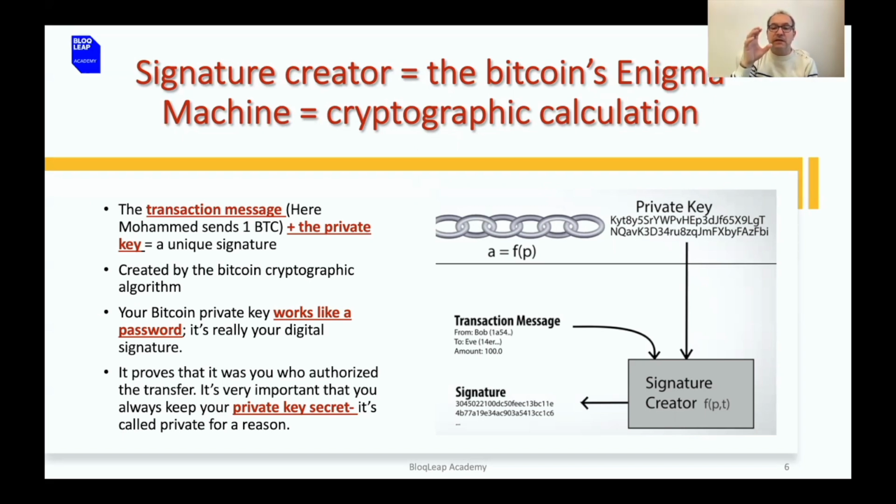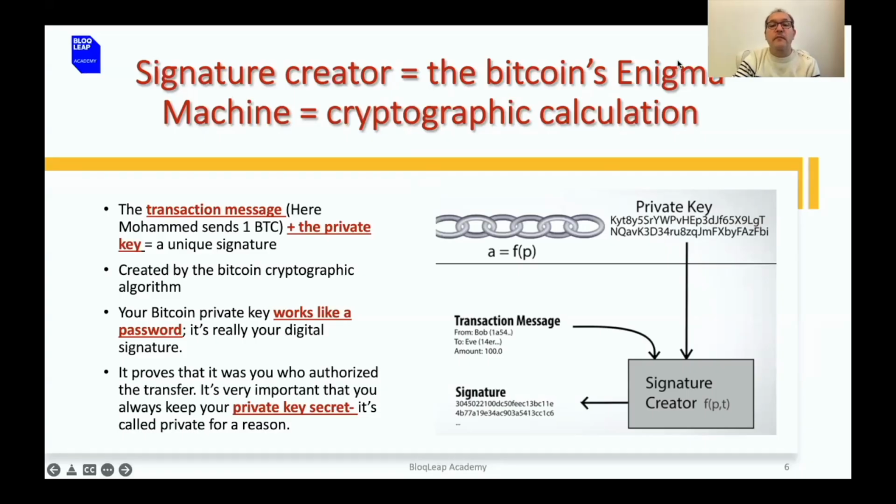It makes it impossible for a hacker to change the data inside. So really easy to remember. You get the transaction ID and the private key, you put that in the Enigma machine, the Enigma machine does its magic, and you've got a signature. And this signature is what represents me sending you 1 Bitcoin, okay?